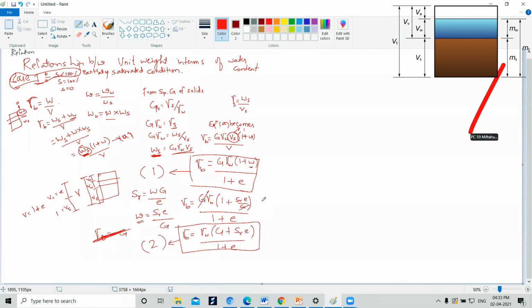Are we going with case number 2? What was case number 2 for you? Case number 2: if it is fully saturated, what does that mean?